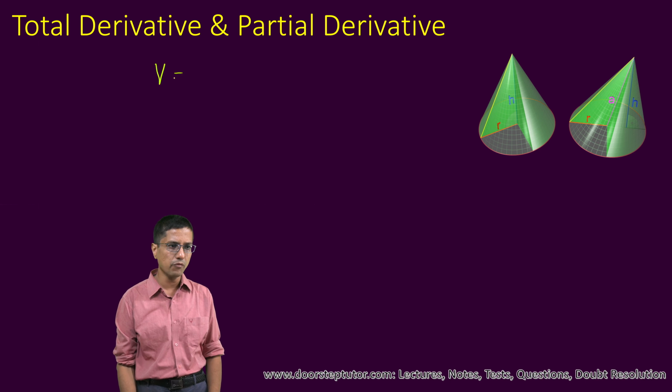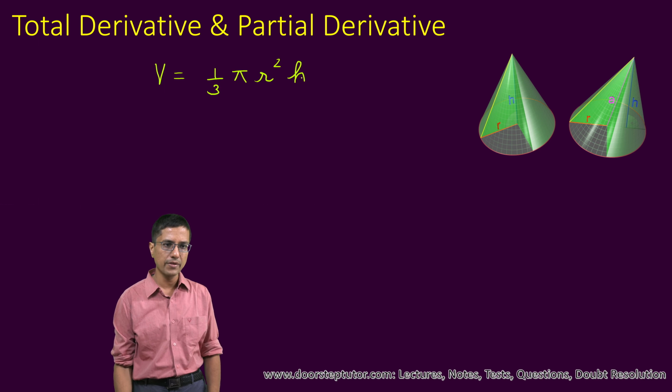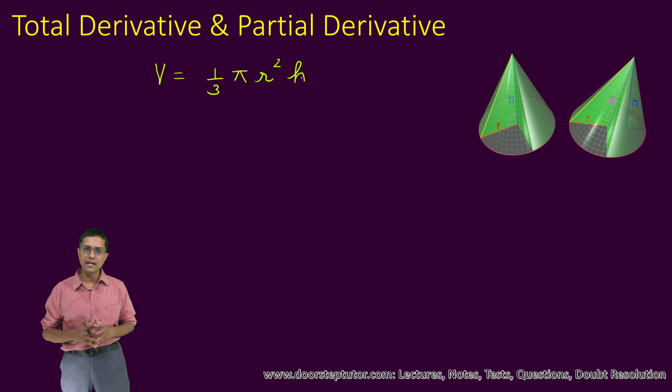This is the volume of a cone, and we all know that it is given by this formula: one third of pi r squared h.